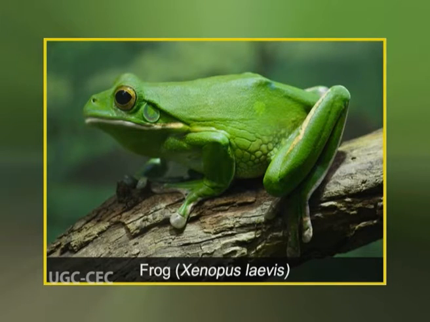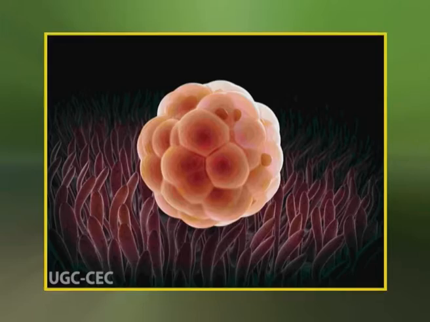The frog Xenopus laevis serves as a major model for the study of embryonic development because the eggs are very large in size, develop externally from the mother and are able to withstand extensive surgical intervention for embryo manipulation studies.